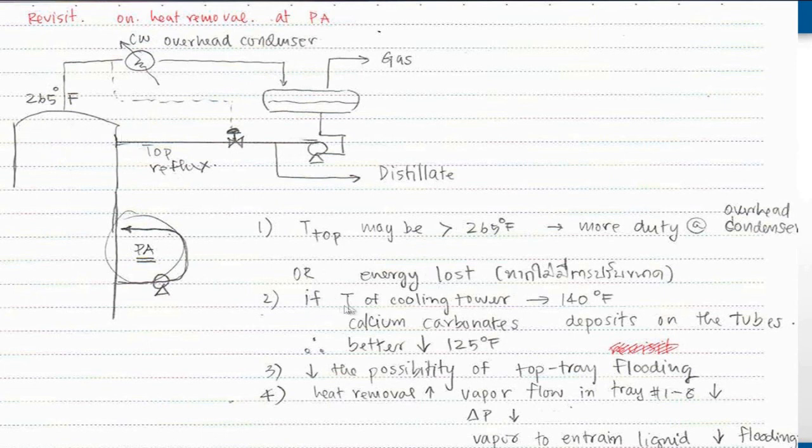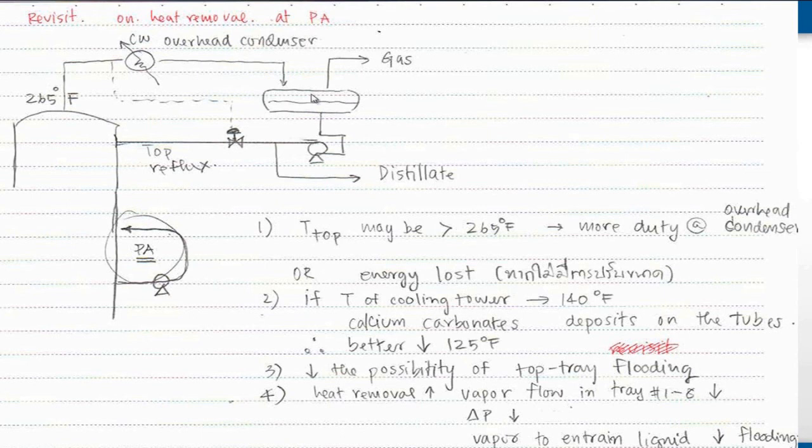The second, for a higher temperature, up to 140 degrees Fahrenheit, some deposition of calcium chloride or magnesium chloride will show up in the tube, as we mentioned before. So we better keep the temperature lower than 125 degrees Celsius in the condenser here.